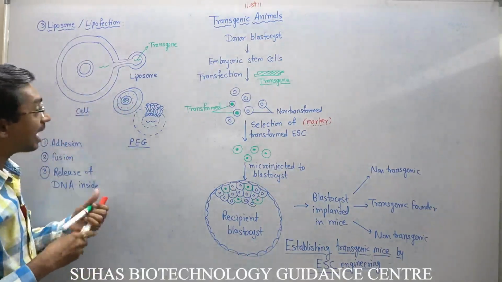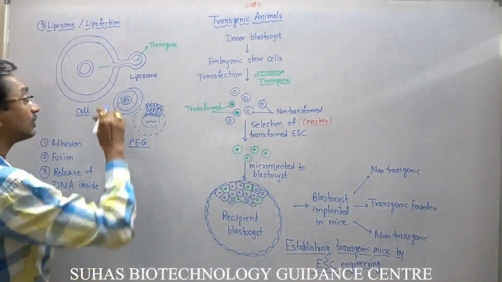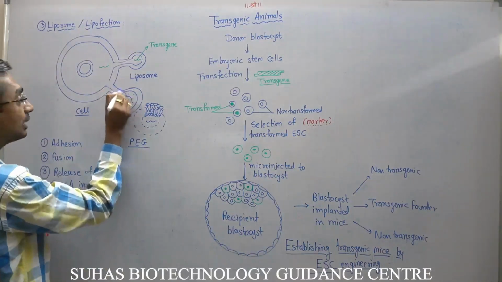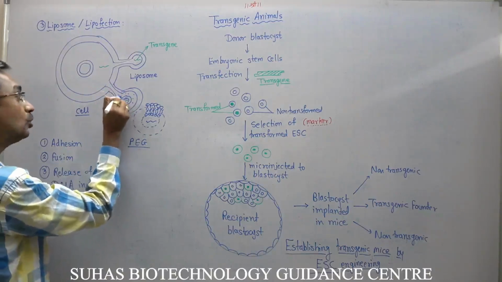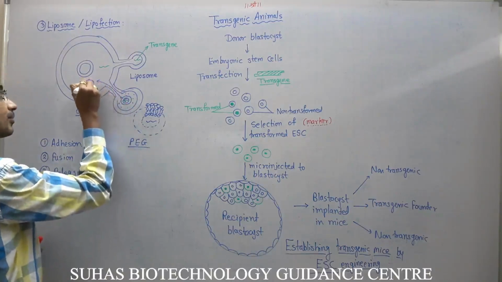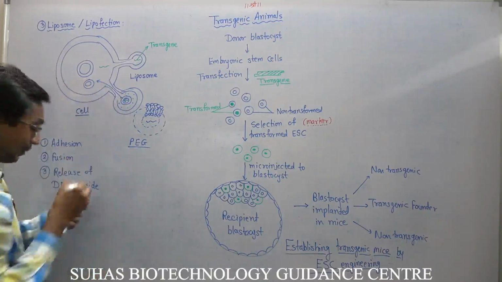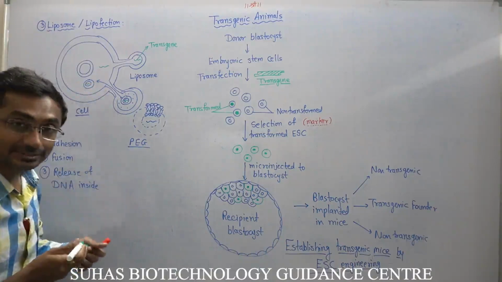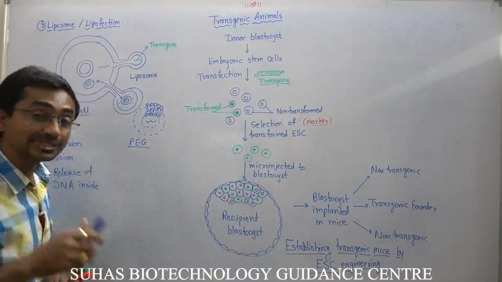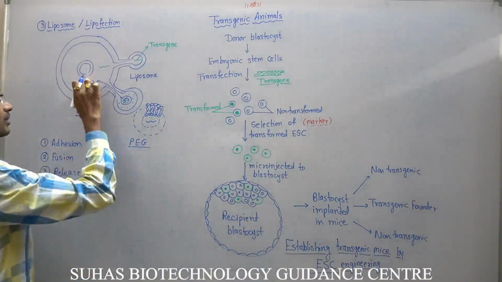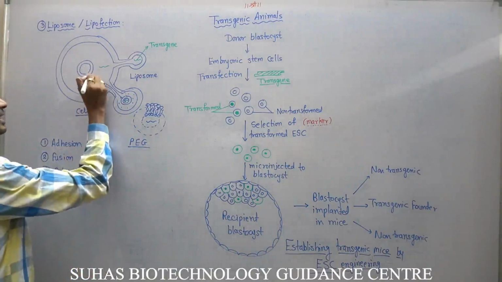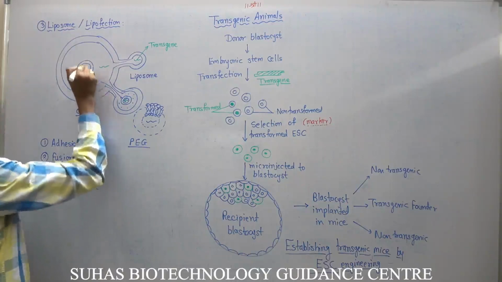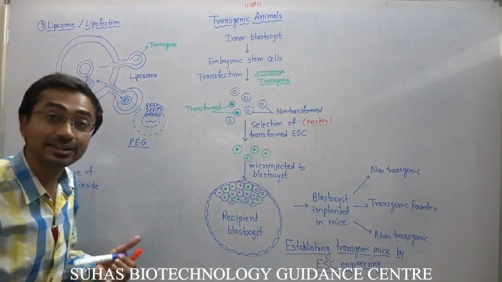Now when the outer layer of the liposome fuses, it gives a chance to the inner liposome to enter this cell, and now the inner liposome with transgene will be present in the cytoplasm. Now suppose this liposome fuses with the nucleus, definitely the nuclear membrane will give it way and the transgene will be transferred inside the nucleus.